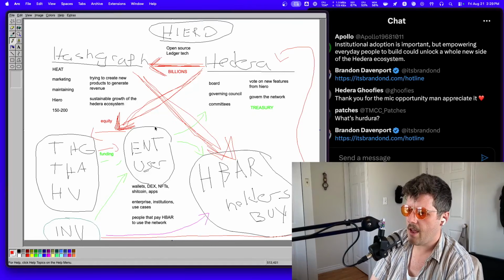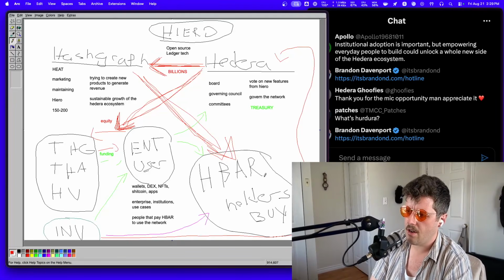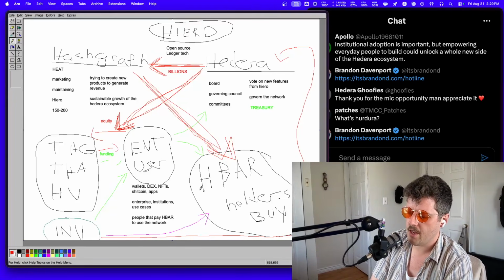And when we look at enterprise users and use cases like wallets, DEX, all these different types of things, those folks are also dependent on the stability, the price stability and appreciation of the HBAR asset, because a lot of these folks have their treasuries in HBAR as well, and they're dependent on that asset being liquid.